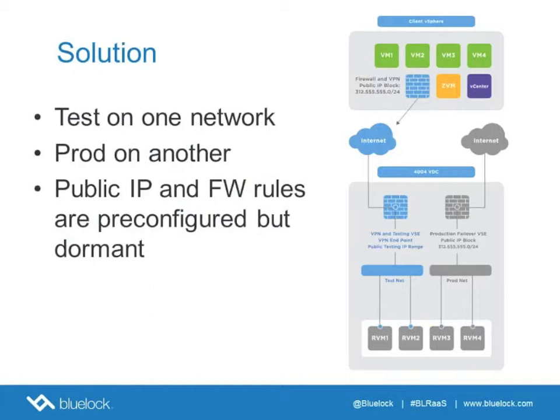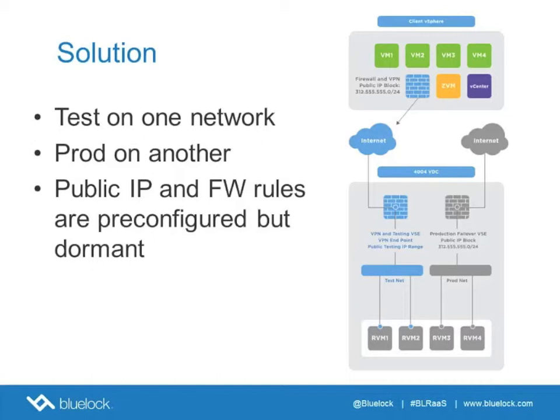The product that we use to do replication has built-in declaration and testing automation to allow the virtual machines, the vApps that are being sent to the cloud, to be brought up on either a test network or a production network. And that allows this sandbox-style testing onto a test network.